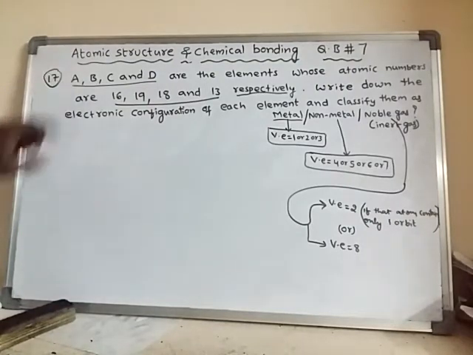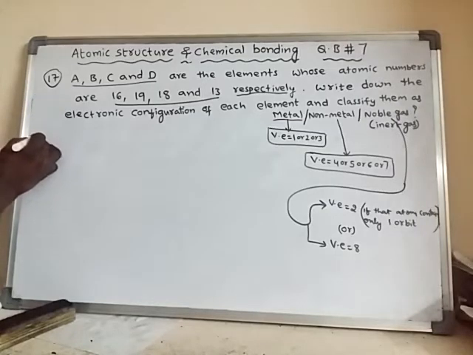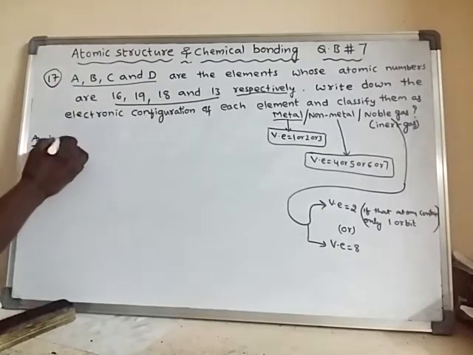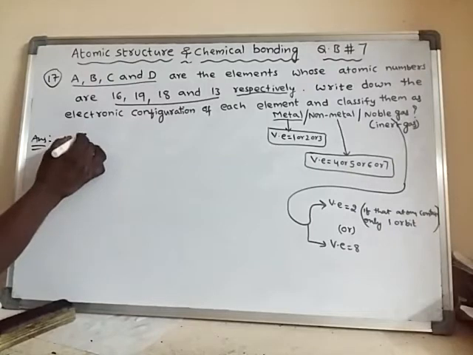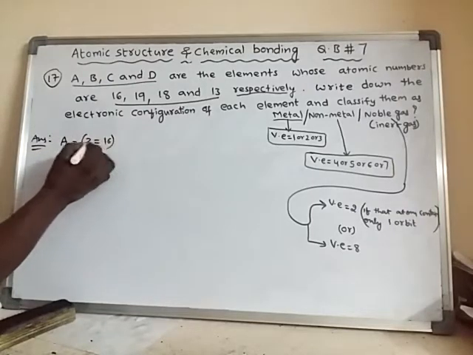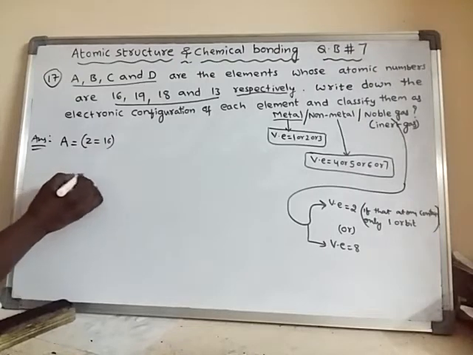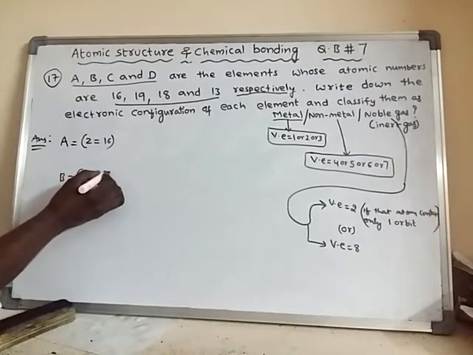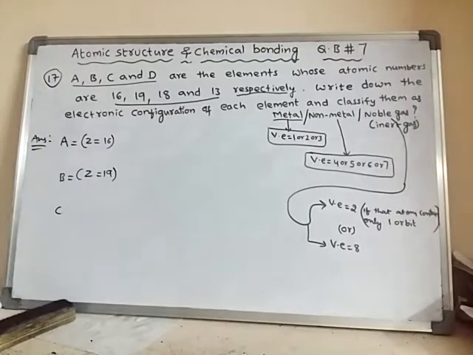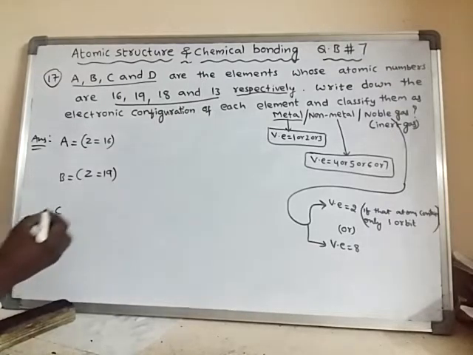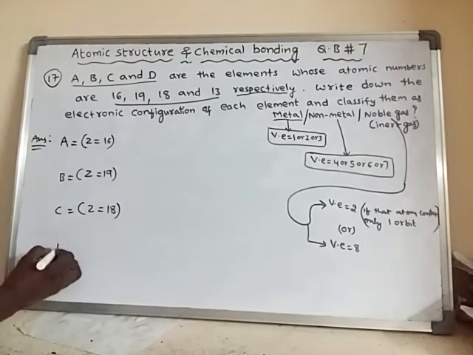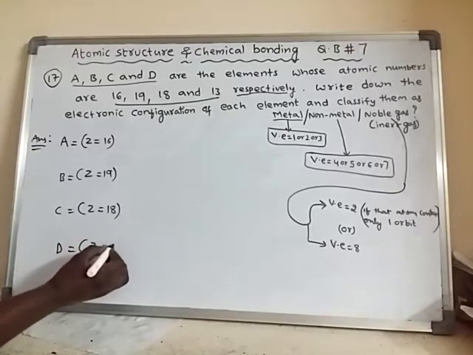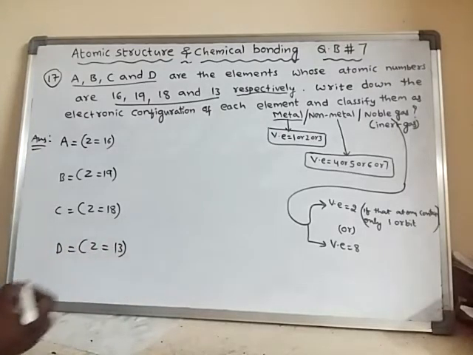To answer such a question, first we have to write the electronic configuration of A. Its atomic number is 16, B's is 19, C's is 18 and D's is 13.